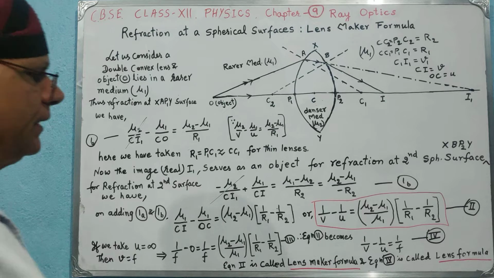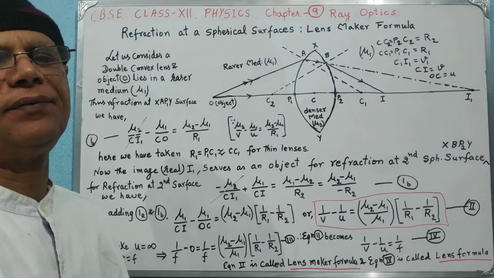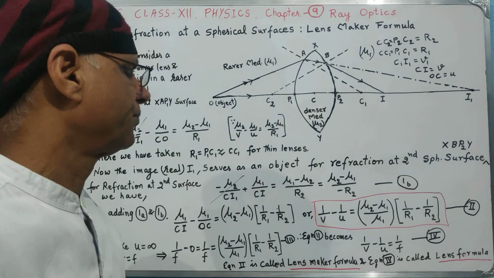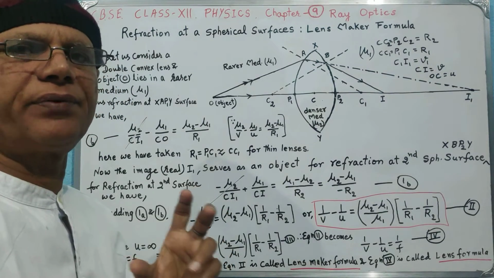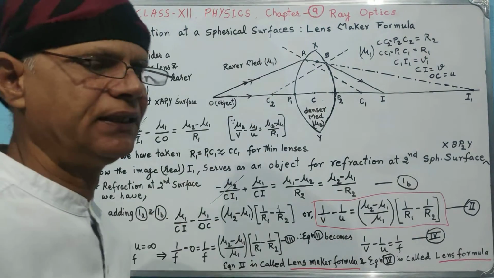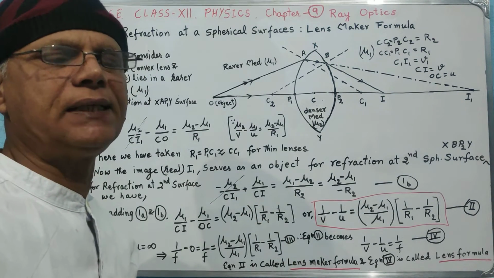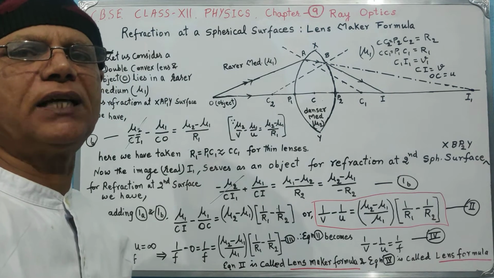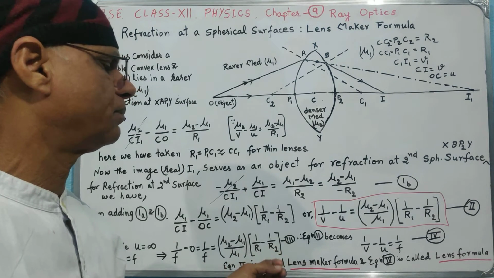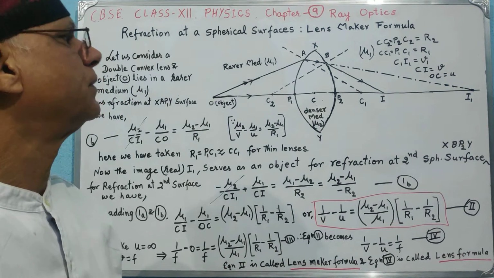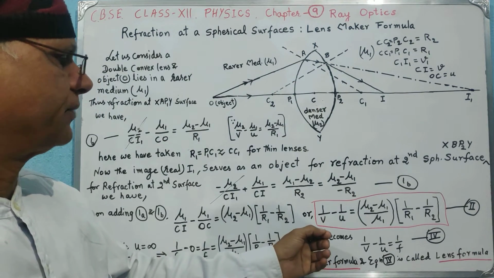Now if we take u equal to infinity, that means if any object lies at infinity, the rays are coming parallel from infinity, and all those rays after reflection or refraction meet at some place, and that point is known as focus, and the distance of that point from the optical center or pole of the device is known as focal length.